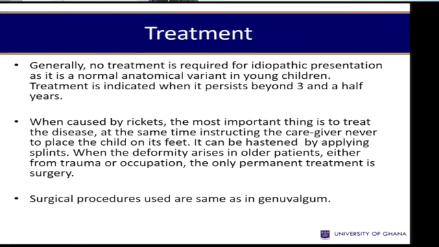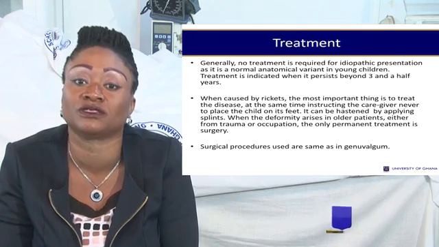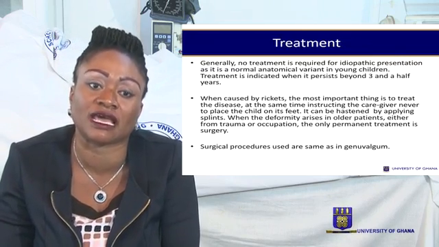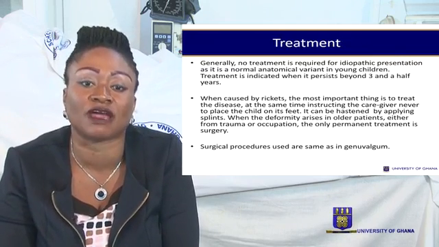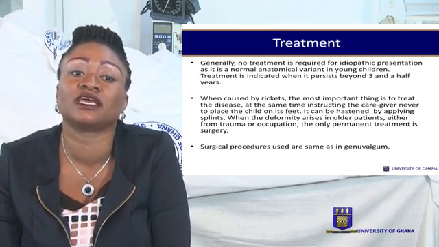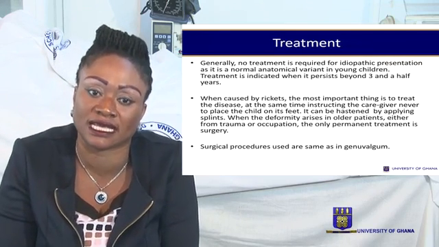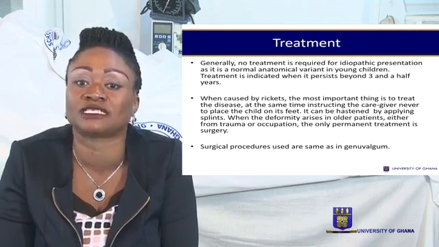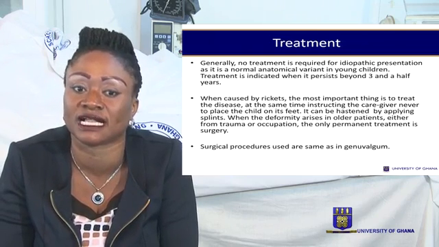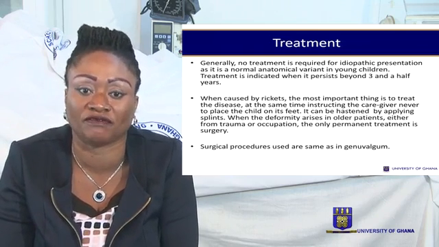Generally, no treatment is required for idiopathic presentation as a normal anatomical variant in young children, but treatment is indicated when it persists beyond 3.5 years. And when caused by rickets, the most important thing is to treat the disease, and at the same time instruct the caregiver never to place the child on his or her feet.